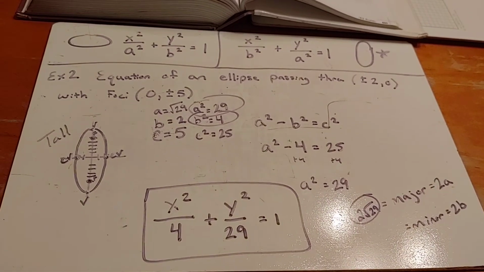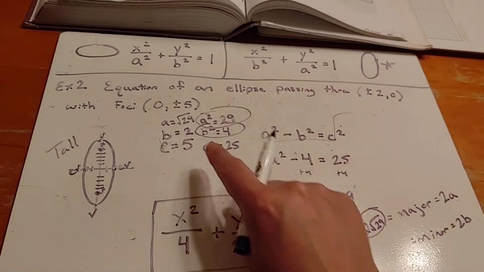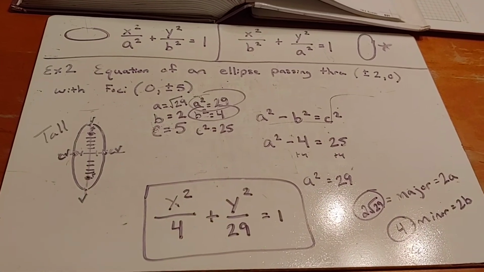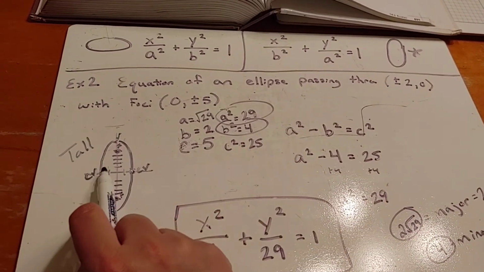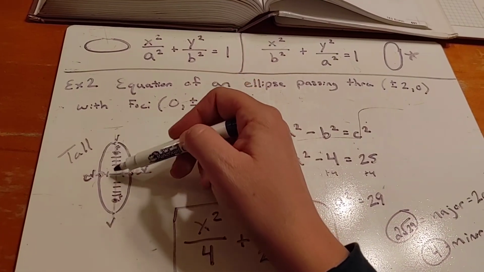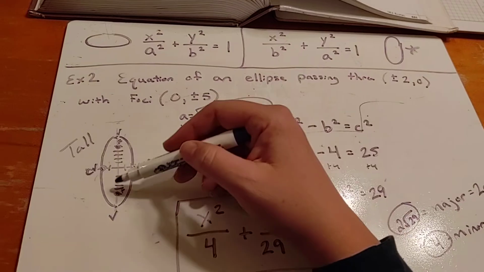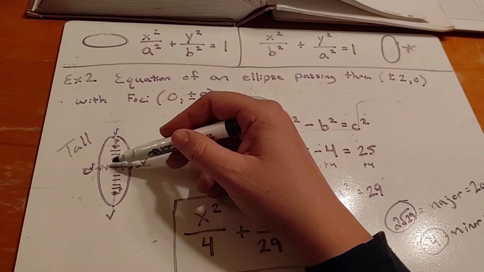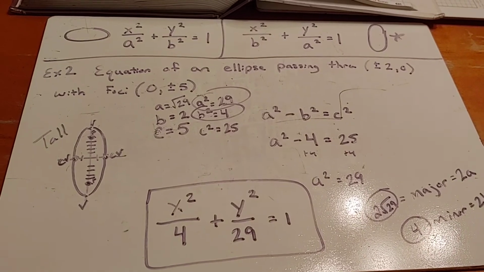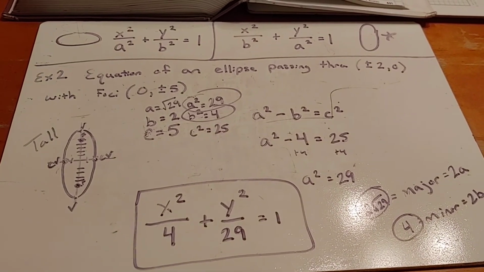My minor axis would be 2 times b, which is 2 times 2, so 4 units long. It's a little bit easier to see that this minor axis is 4 units long. It's kind of hard for me to imagine that this is 2 radical 29, but it does make sense. If this is the square root of 29 plus another square root of 29, that whole distance would be 2 radical 29.